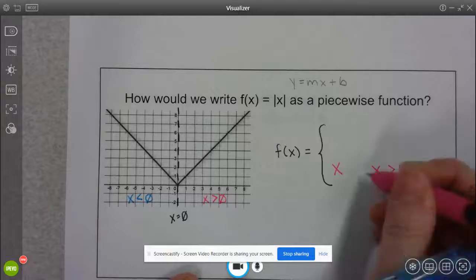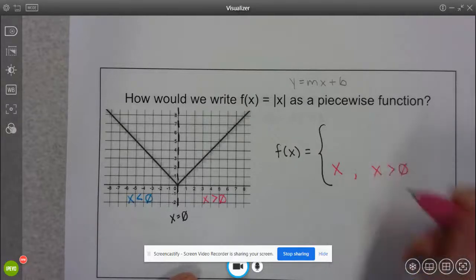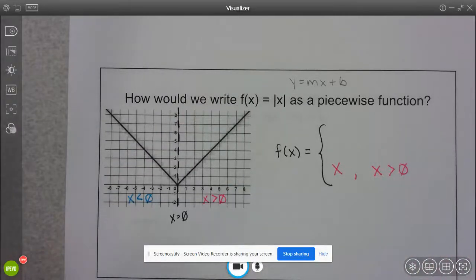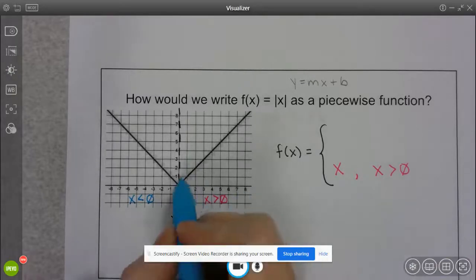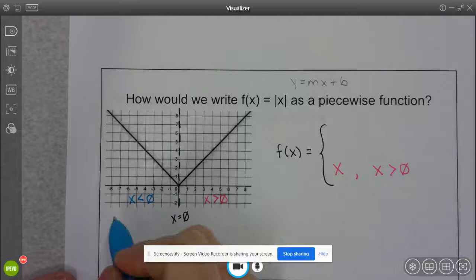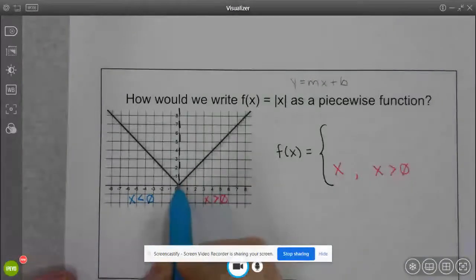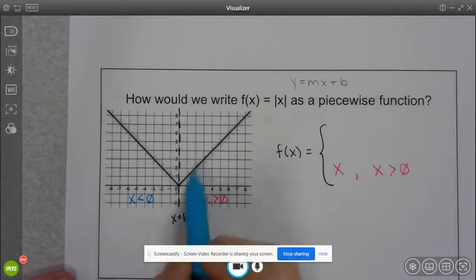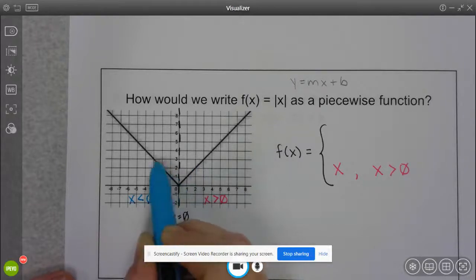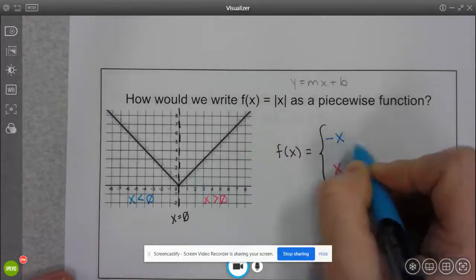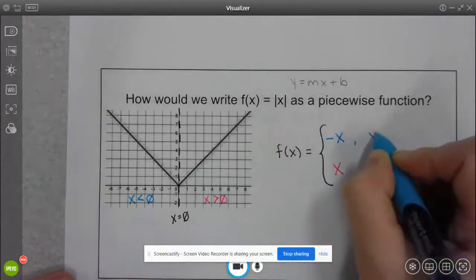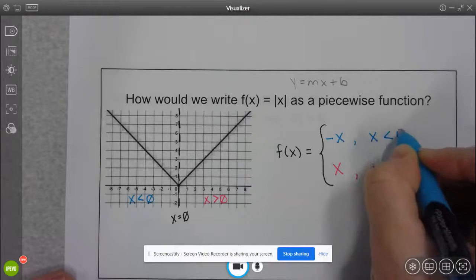Same thing with the left-hand side, except my slope is not positive 1, it's negative 1. So this would be negative x when x is less than 0.